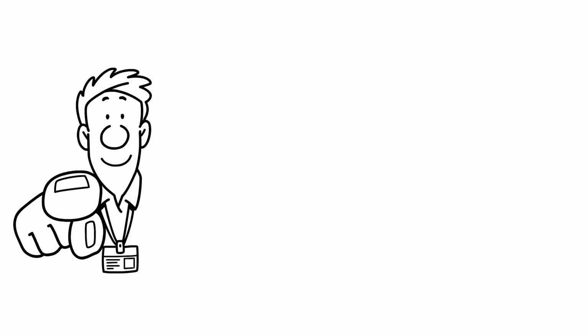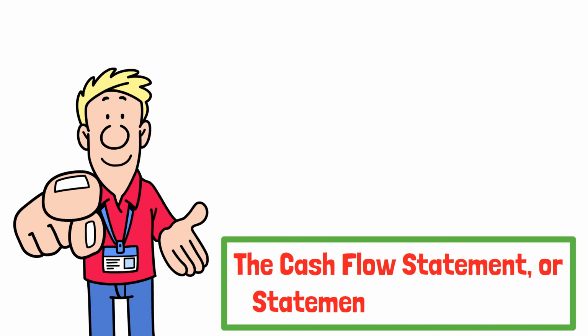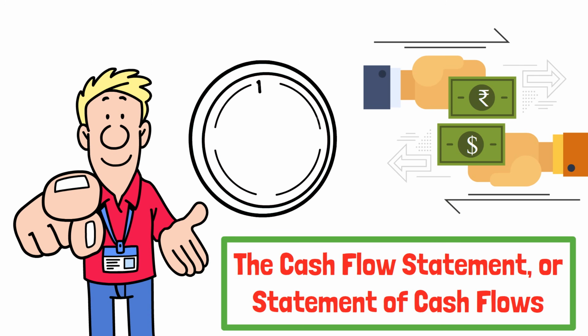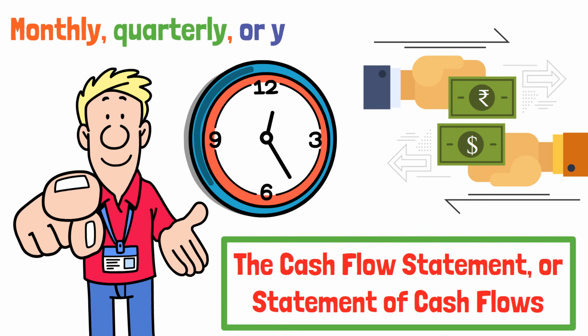Let's start with the basics. The cash flow statement, or statement of cash flows, shows the actual inflow and outflow of cash in a business over a specific period, usually monthly, quarterly, or yearly.